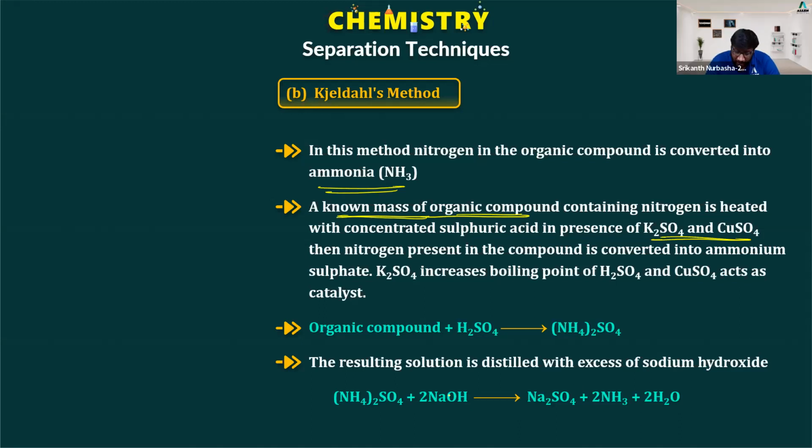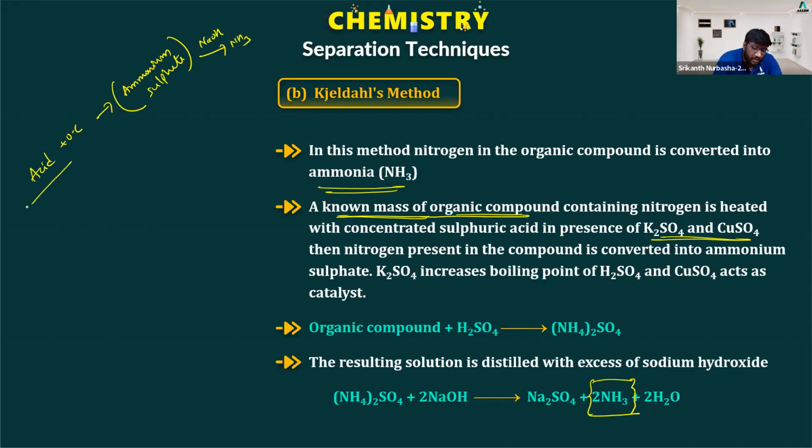The NaOH, upon reacting with ammonium sulfate, forms ammonia. Understand this point carefully. Acid is added to the organic compound and we get ammonium sulfate, and this ammonium sulfate is converted to ammonia in the presence of NaOH.